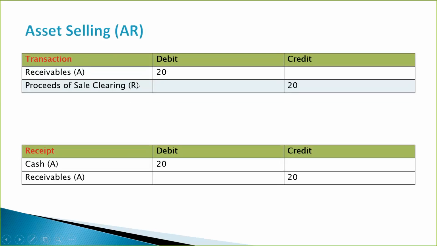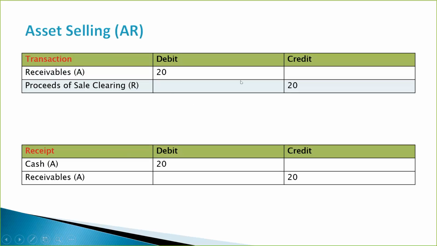And this proceeds of sale clearing, we will see, acts the same way as the asset clearing account, as a link between AR and AP in this case, and FA in this case. So it's a revenue account. You credit it because you're increasing your revenue. You're expecting to get some money from this guy.